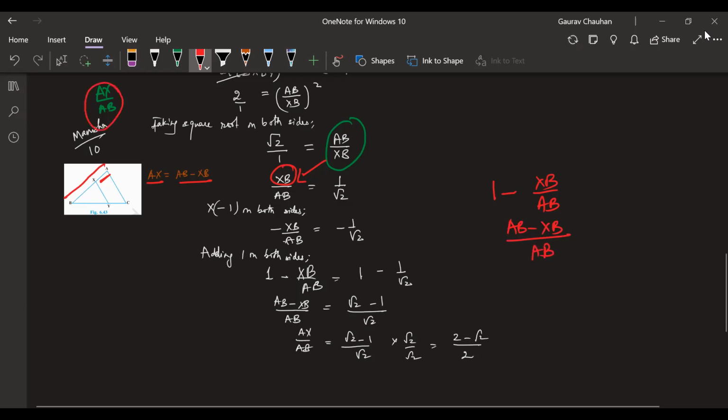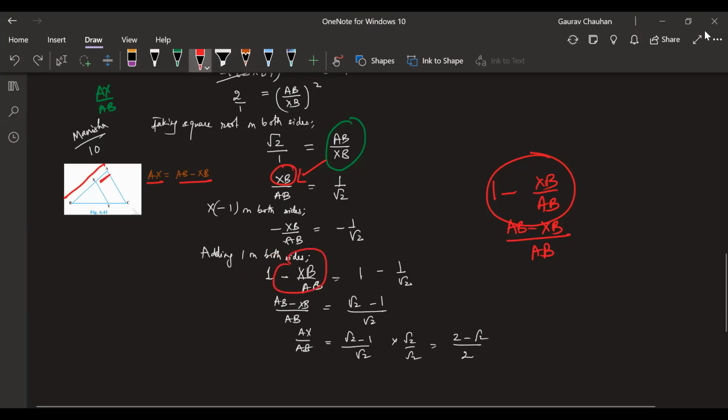I will reach here. So to do this, first I'm multiplying -1 on both sides. I'm getting minus XB and minus 1 by root 2. Next, adding 1 on both sides. So this is becoming +1, right?